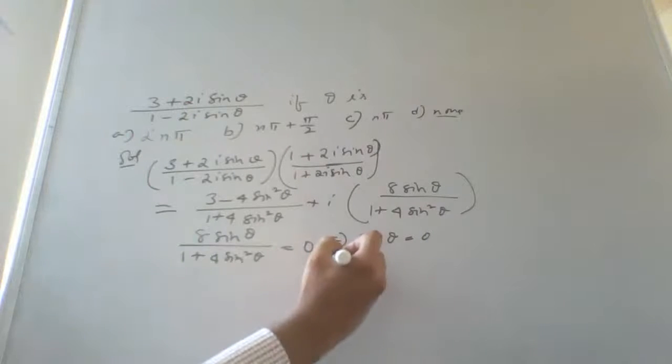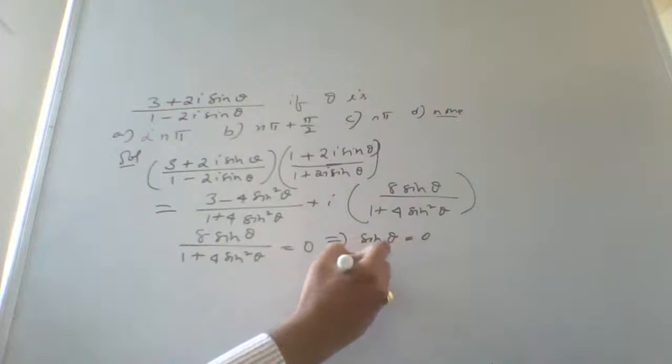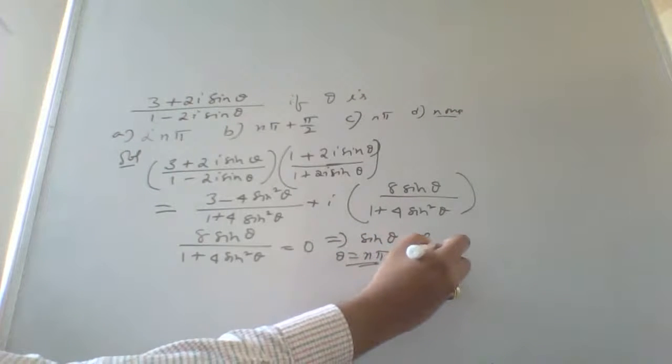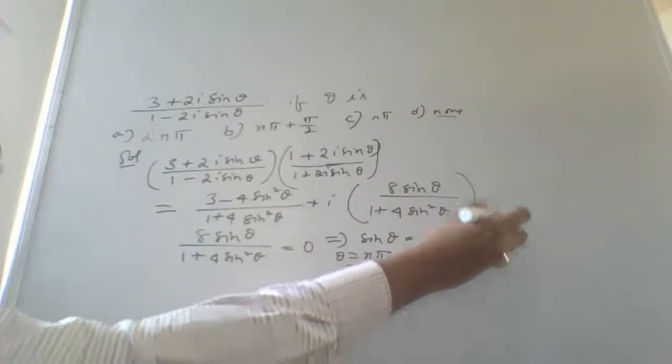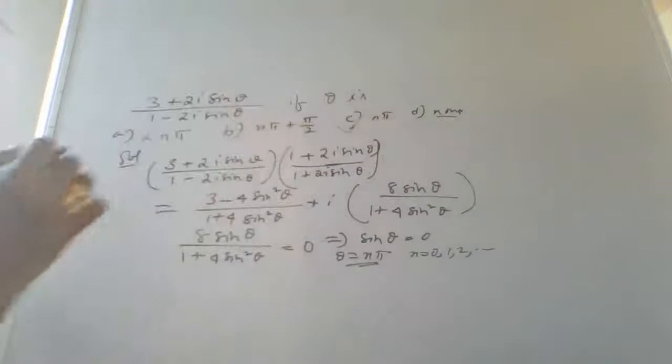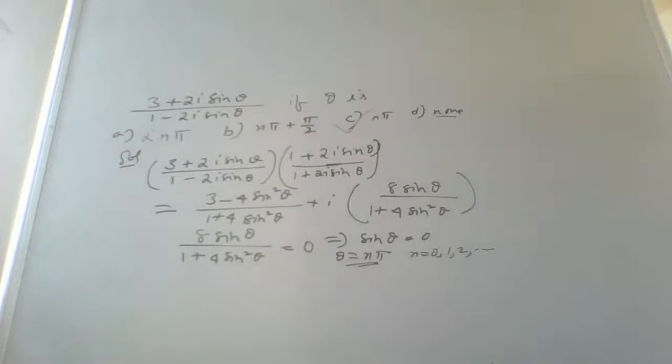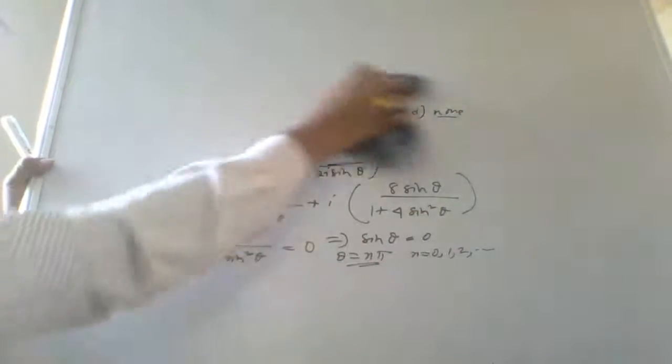So theta will be n pi for n equal to 0, 1, 2 and so on. So the choice is this. Theta will be n pi. Okay, let us move on to the next problem here.